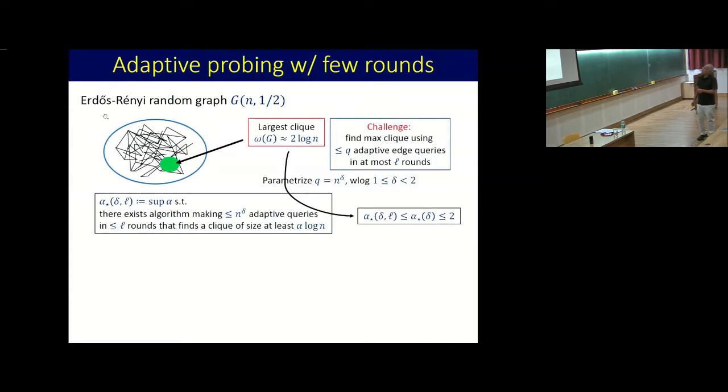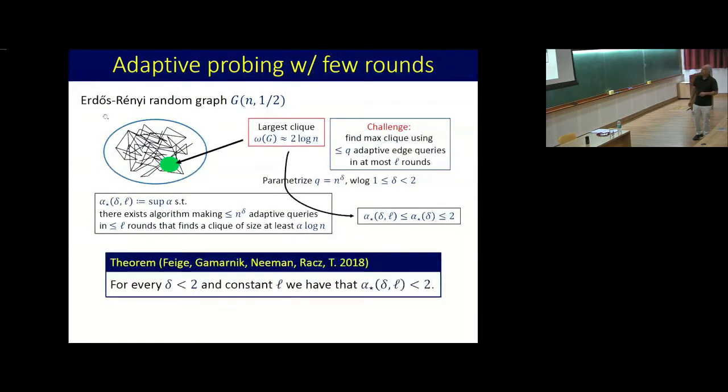Okay, so this is clear because in the first one there was no limit on the number of rounds. What we could rule out is that if you say L is a constant, then our upper bound does give that you're strictly below 2.